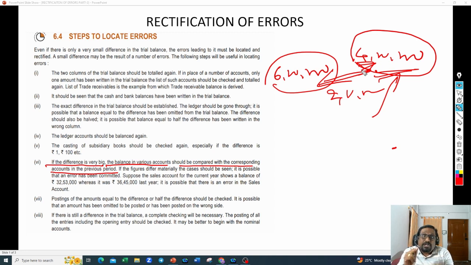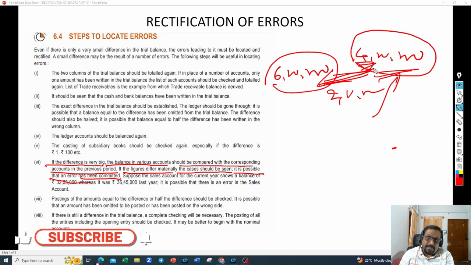But you need to give a chance to go and check with the previous period and understand whether the difference is because of any mistake. That is what the point is. If the figures differ materially, the cases should be seen. It is possible that an error has been committed. When there is a huge difference, there is every possibility that a mistake would have happened. That is what they are trying to say.